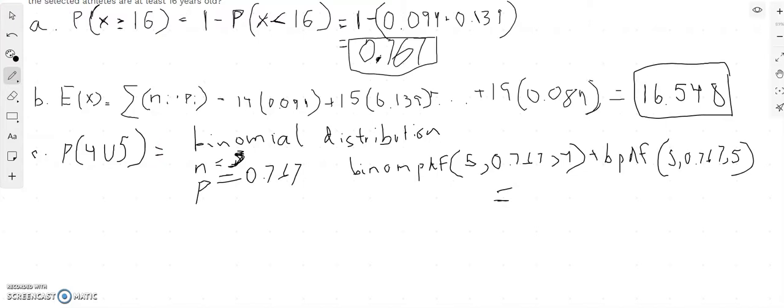Alright, I've calculated the answer. It is 0.6686. That is our final answer.